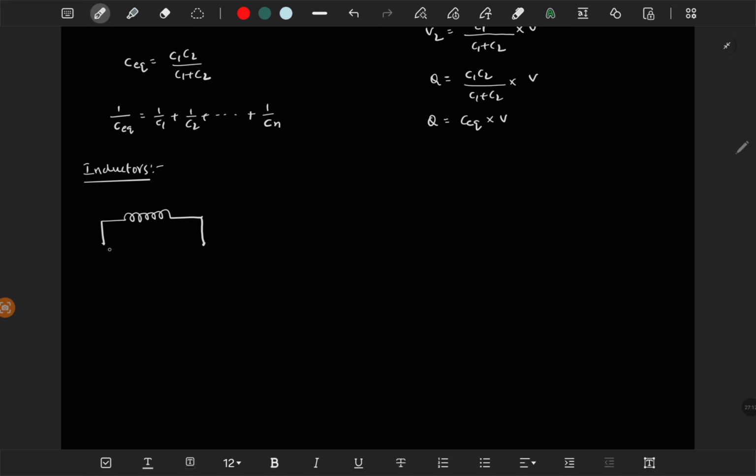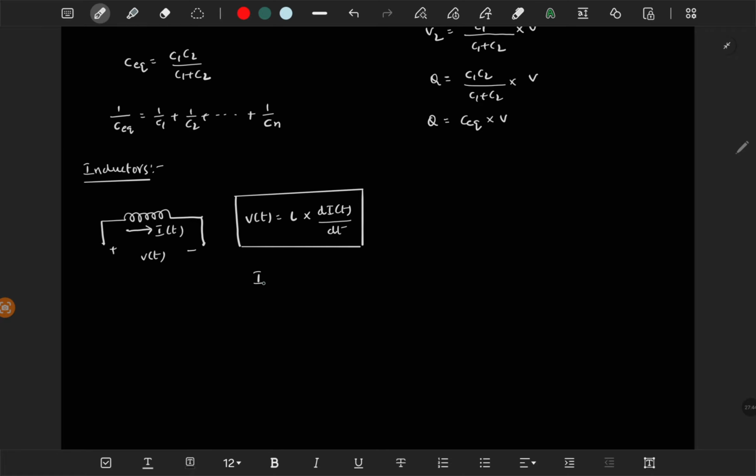This we have seen. Similarly, if you apply some voltage across the inductor, then there will be some current buildup through the inductor, and they are related as V of t is equal to L di by dt. L is the inductance of the inductor. This you have to remember.